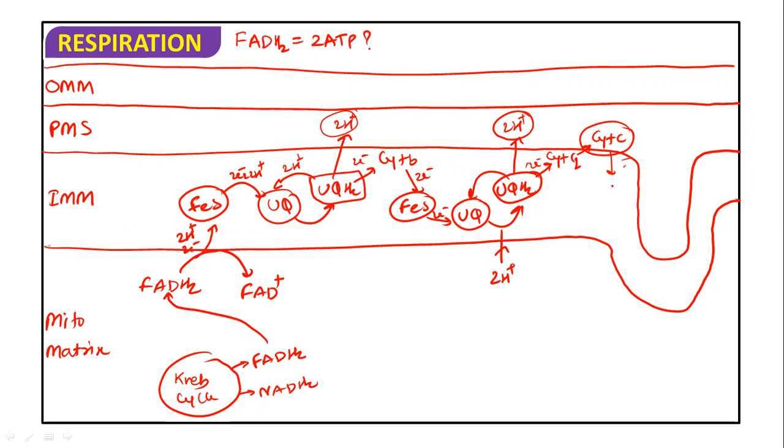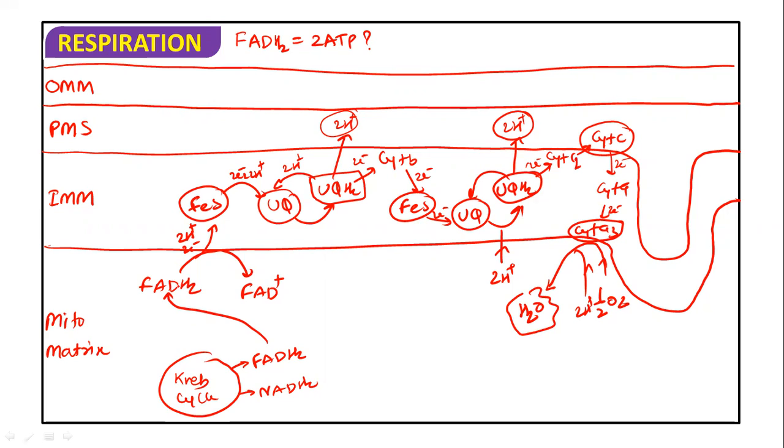Now it passes its two electrons to cytochrome A, then again it passes 2 electrons to cytochrome A3, and when it gives 2 electrons to cytochrome A3, it accepts half O2 from the mitochondrial matrix, then 2H plus from the mitochondrial matrix, and ultimately water is synthesized.